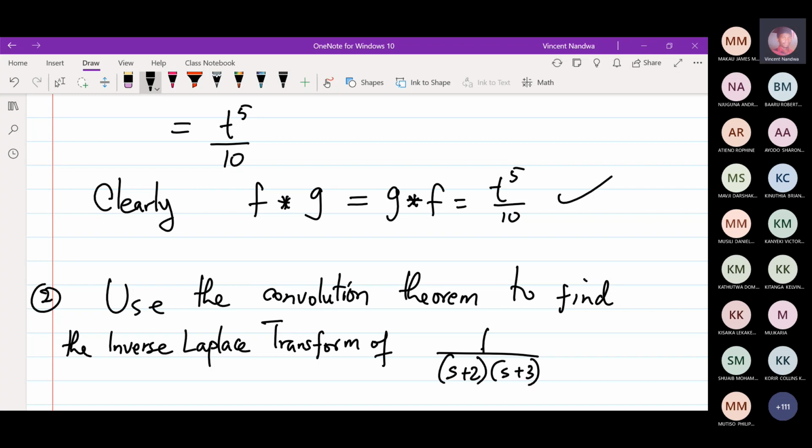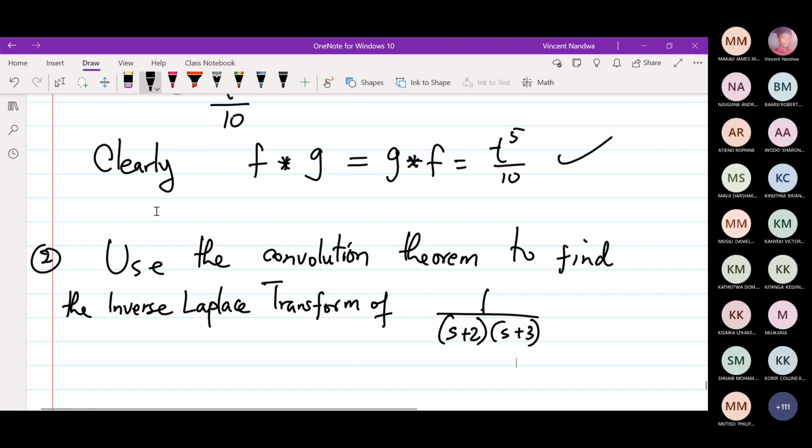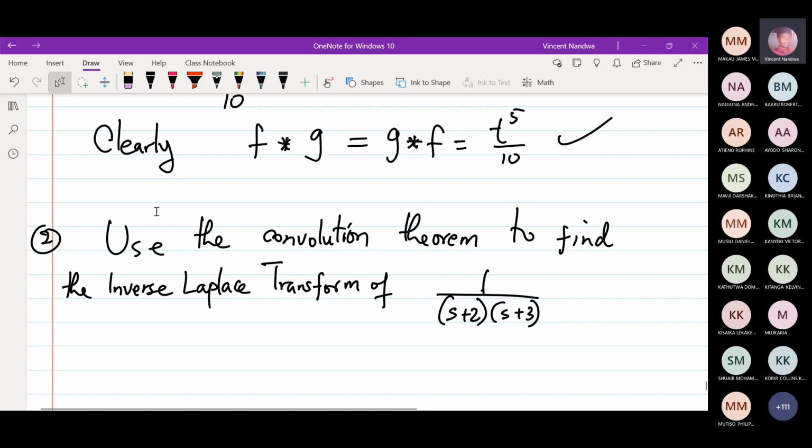Remember, it's always good to know all these methods of finding inverse transforms, because sometimes a question can be specific about which method you have to use. If the question is open, you are free to use any method of your choice, but if it specifies the method, you have to follow that. So write the problem.